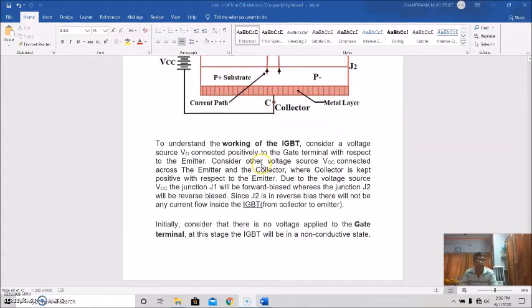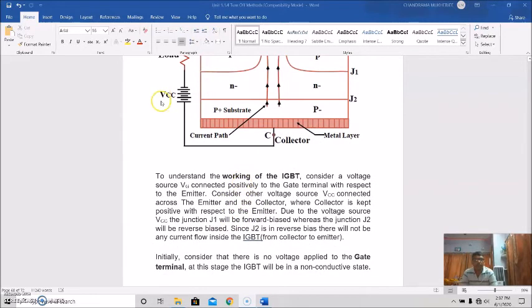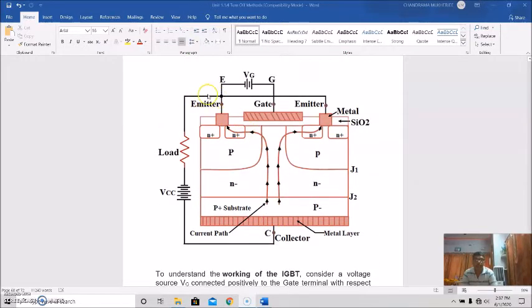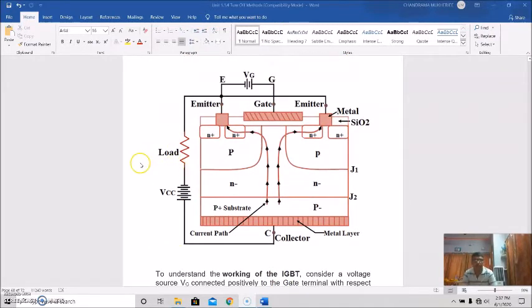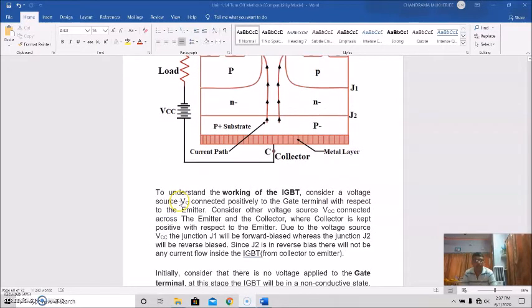Now consider another voltage source, VCC, connected across the emitter and the collector. The collector is connected to the positive terminal, and the emitter is connected to the negative terminal of the source.